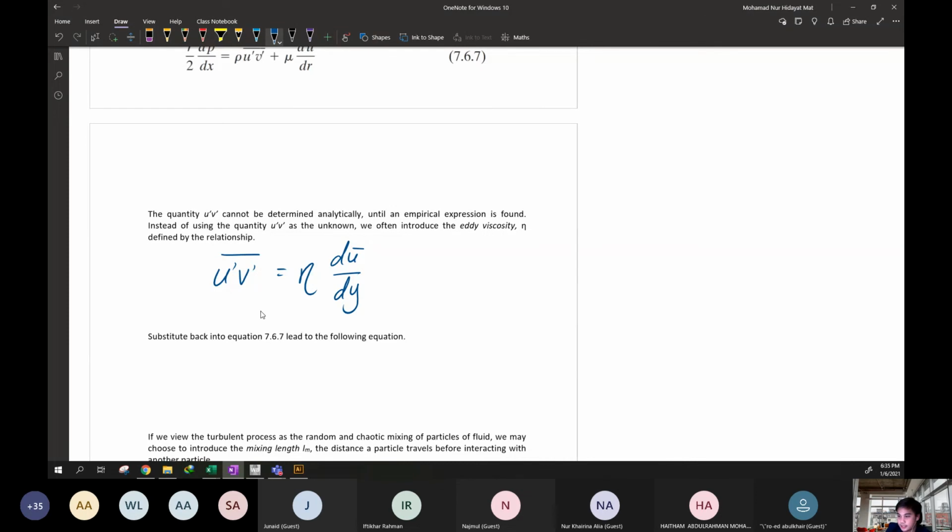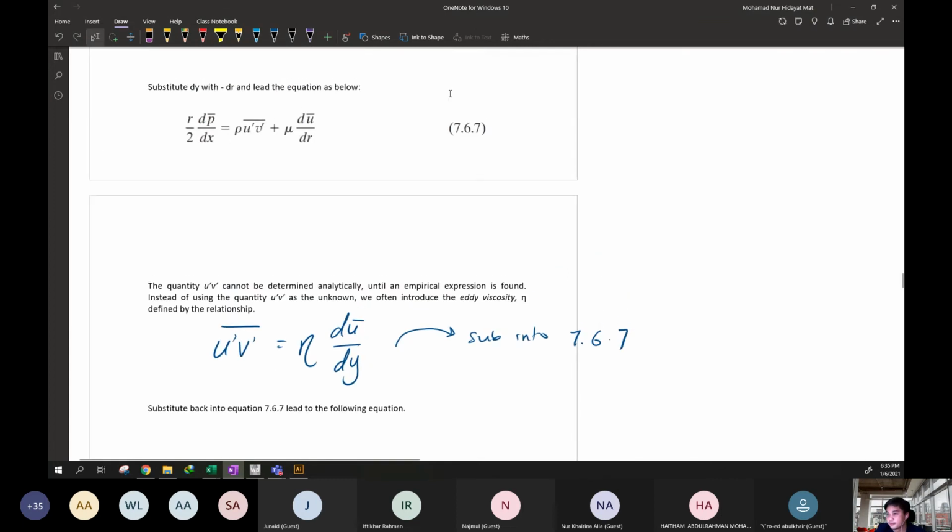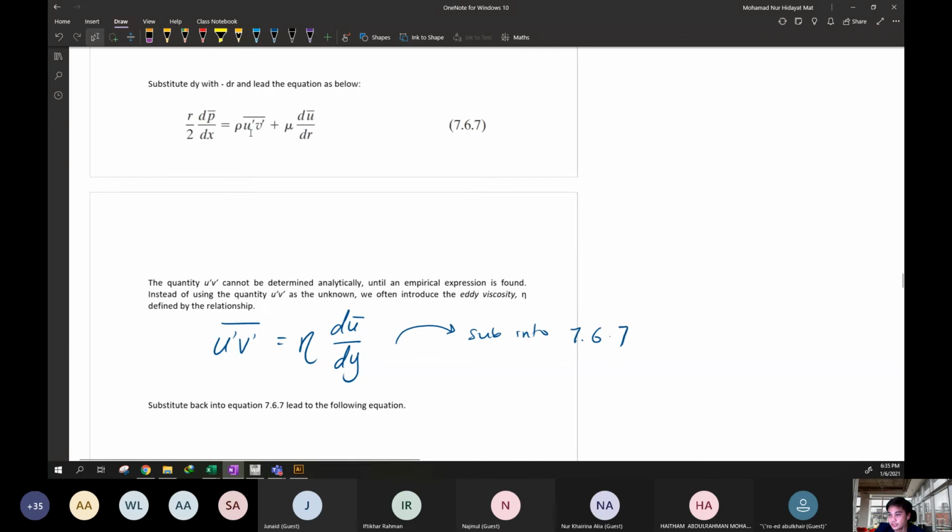Then from here we substitute back into this equation. This equation we need to substitute into equation 2.67, and we just substitute this one only.